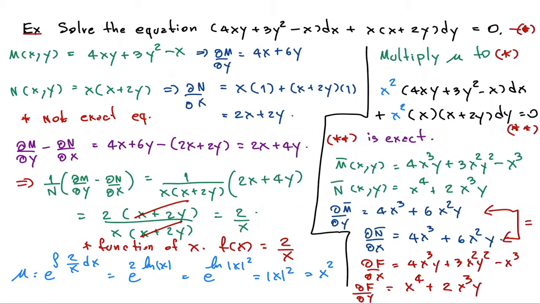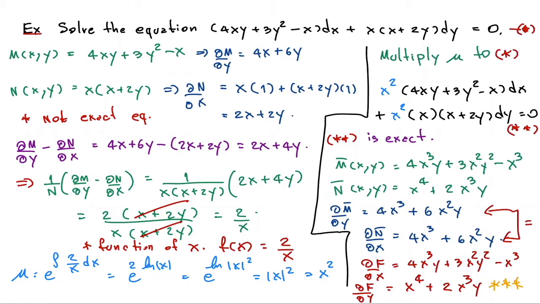But if I were you, I would begin here, because there's only one y here, so it's much easier to integrate: you have y, then y squared divided by 2, and this cancels out.